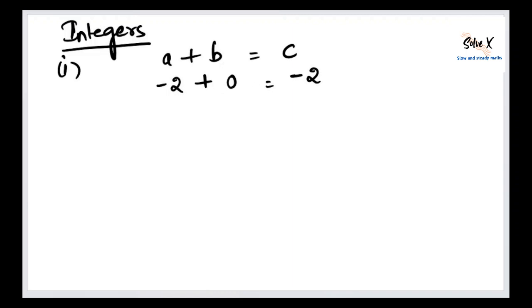Why do I say 0 is an integer? You have seen the number line. It starts from negative, 0 and positive. So 0 is included. Minus 2 is also an integer. So I can say that it is closed under addition.